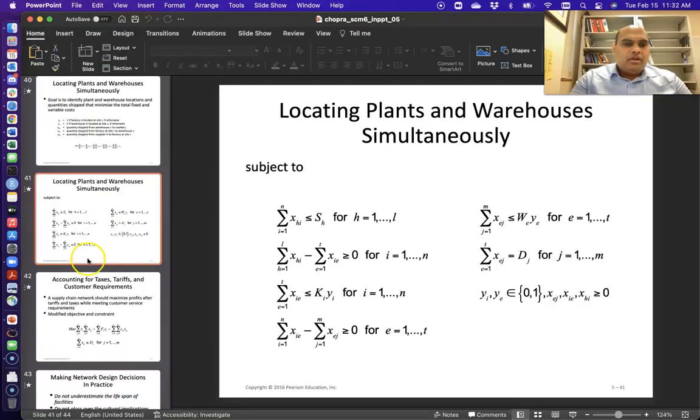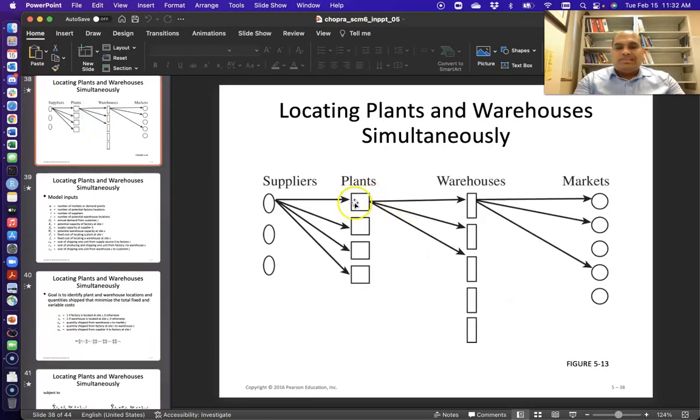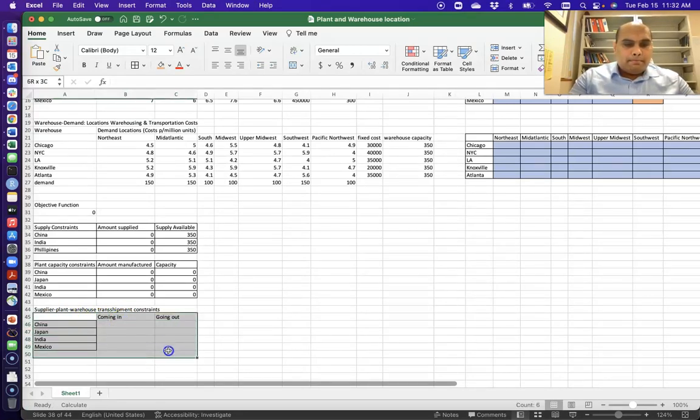So if you look at the picture, we are saying the number of units coming into, say, the Chinese plant from all the suppliers has to be sent to one of the warehouses. So total amount supplied has to be shipped out to one of the warehouses. So let's do that. So number of units coming in.